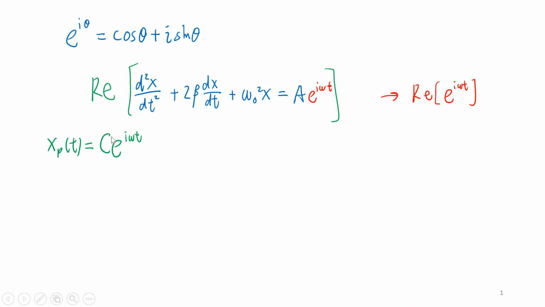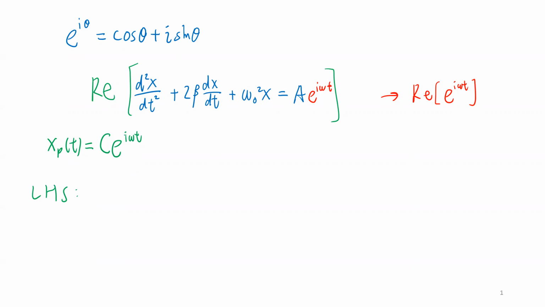Here, C is some unknown number that we are going to figure out. We are just going to substitute this trial form of the particular solution into the left-hand side of this equation and hope that it equals the right-hand side. If you substitute that into the left-hand side of the equation, taking the derivative is really convenient.